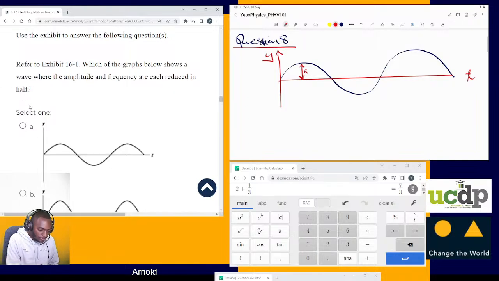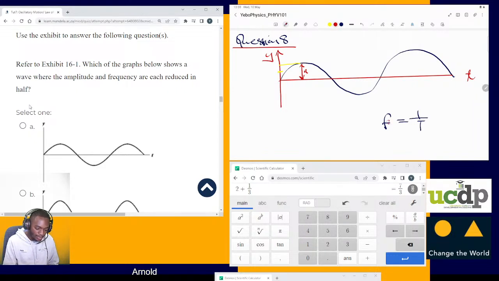So if the amplitude was at this point, for the next situation we expect it to be halfway below there. Then this is a graph of displacement versus time. So what do we know about frequency and period? So the frequency is reduced.